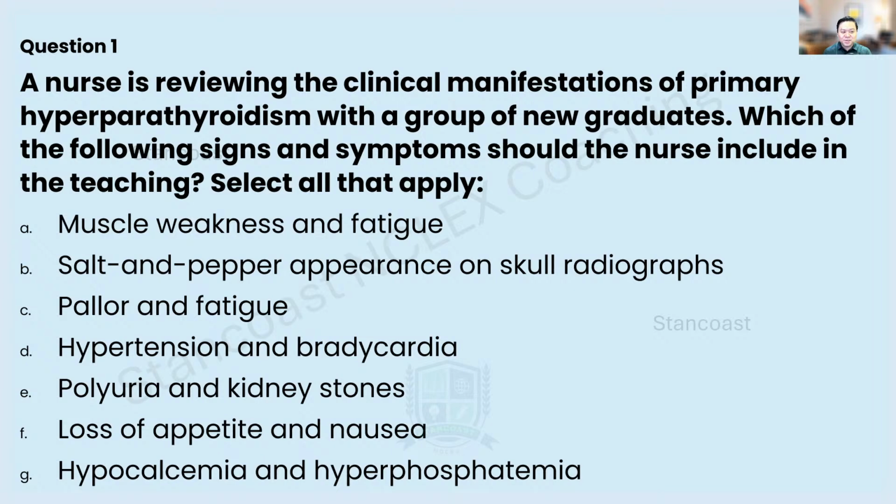If you answered letter A, muscle weakness and fatigue, I initially said this is an incorrect answer. The reason is that the primary consequence of increasing parathyroid hormone secretion is hypercalcemia, which is the elevation of the serum calcium levels.